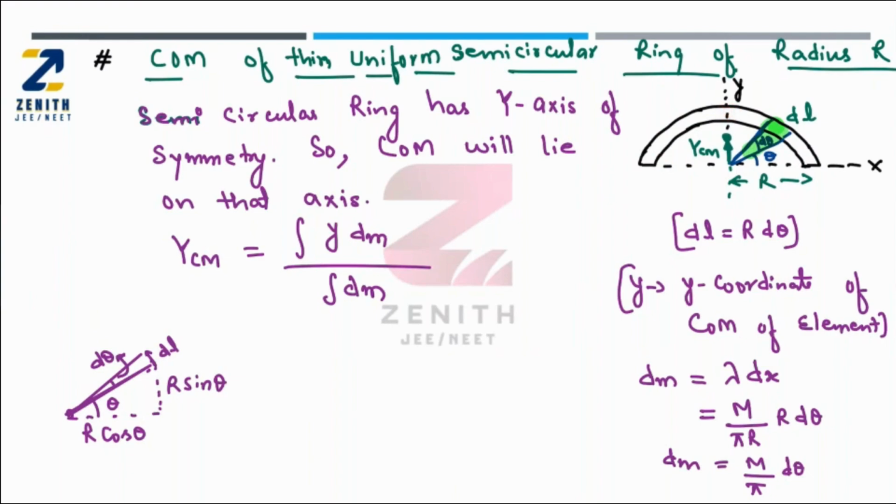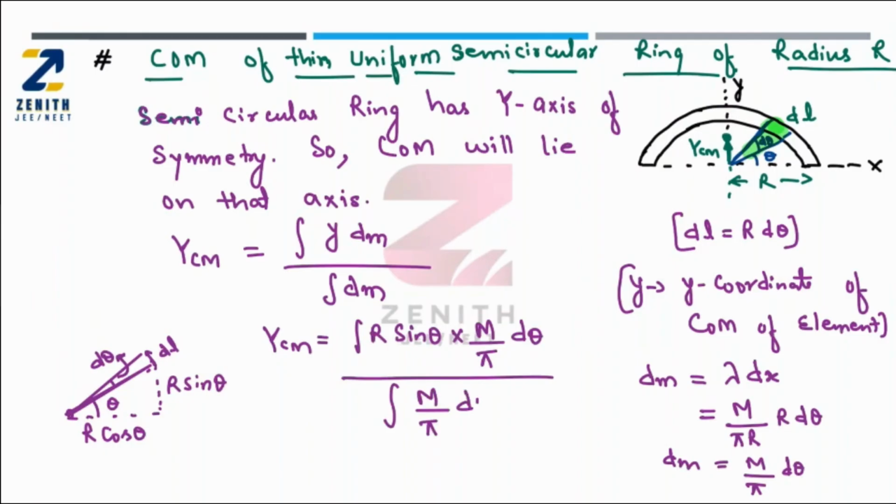Now, in general, what is the y value? I can write the y center of mass as the integration of r sin theta times the dm value you have already calculated, which is m by pi d theta, divided by the integration of m by pi d theta. Now, a very important thing, what is the upper and lower limit of theta?